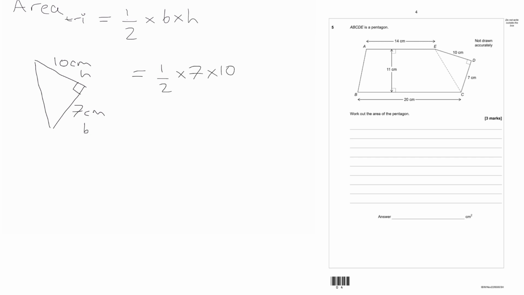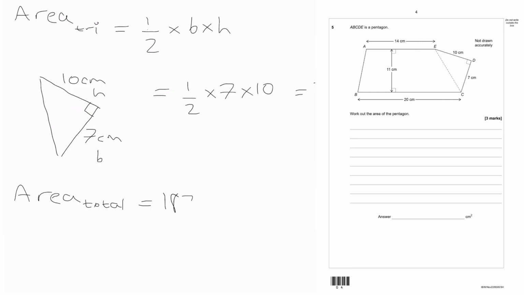And don't forget this is in centimeters. So this is going to be 35 centimeters squared. So the area total is going to be the area of the trapezium plus the area of the triangle, which is equal to 187 centimeters squared plus 35 centimeters squared, and this equals 222 centimetres squared.